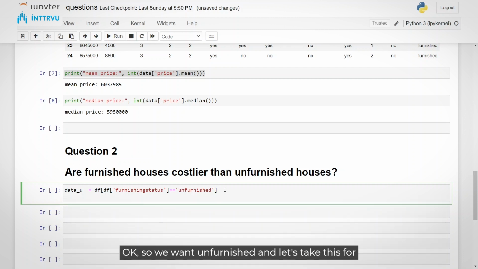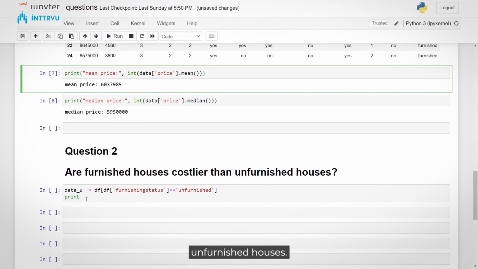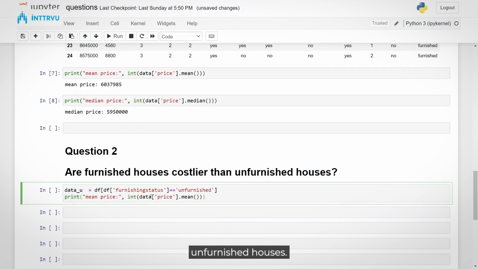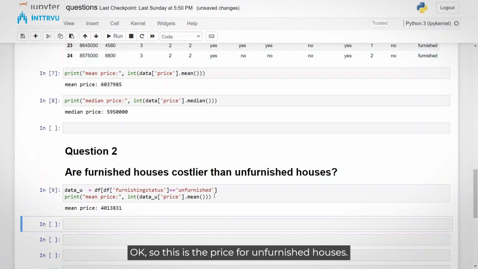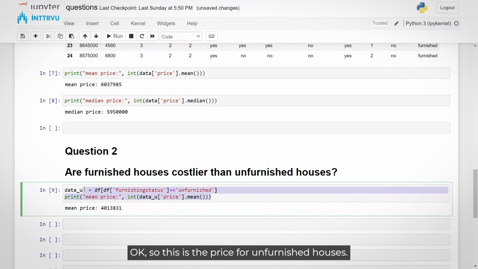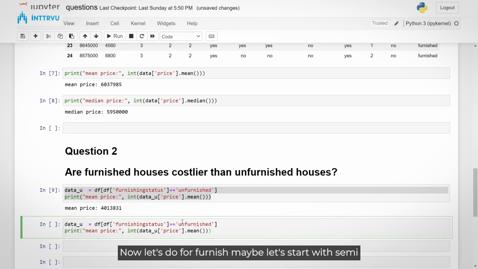Let's take this. For unfurnished houses, what is the price? Okay, so this is the mean price for unfurnished houses. Now let's do it for furnished.